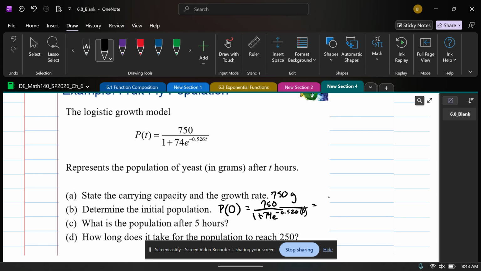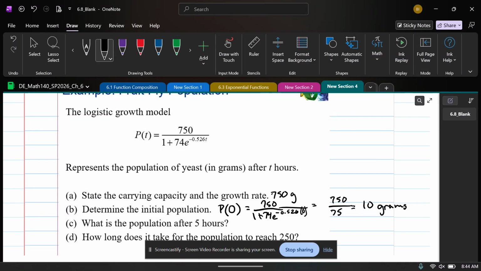So this is going to end up being 750 over 75, which is 10 grams. At time 0, we had 10 grams.